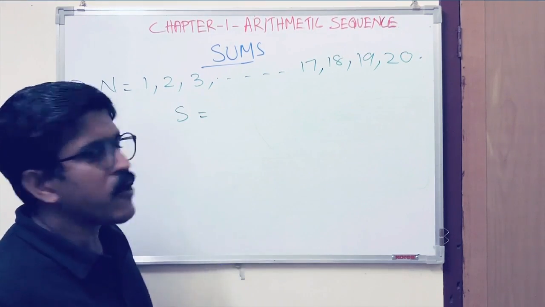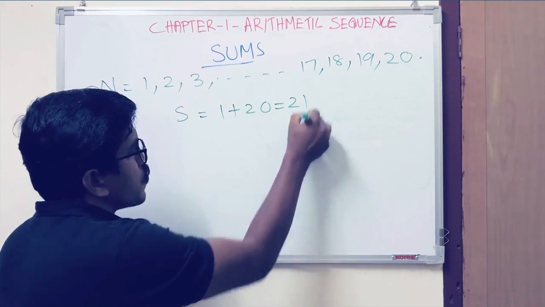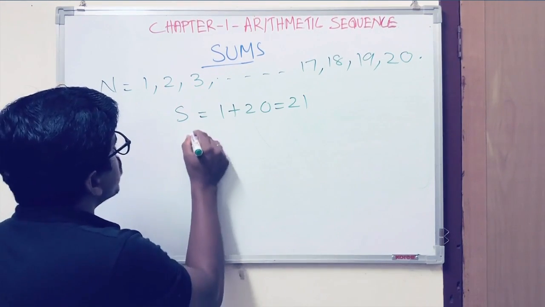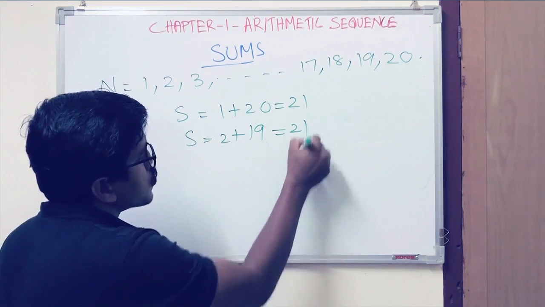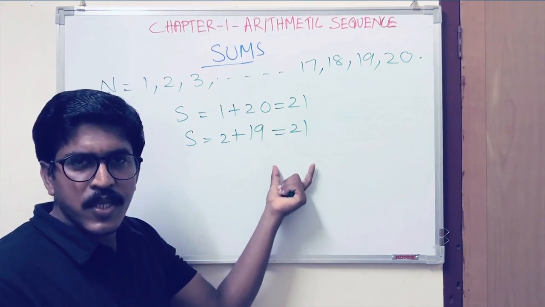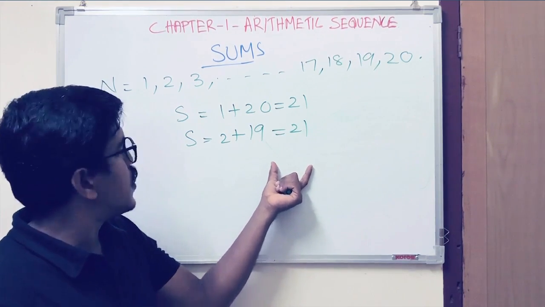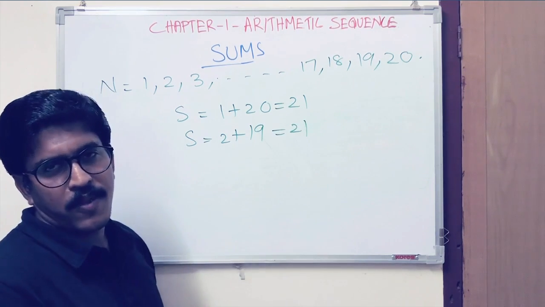The first term is 1 and the last term is 20, and the sum is 21. The second term is 2 and the 19th term is 19, that is also 21. So proceeding like this, the answer is always 21. All of you know that. Now we are going to check how many 21s will come.